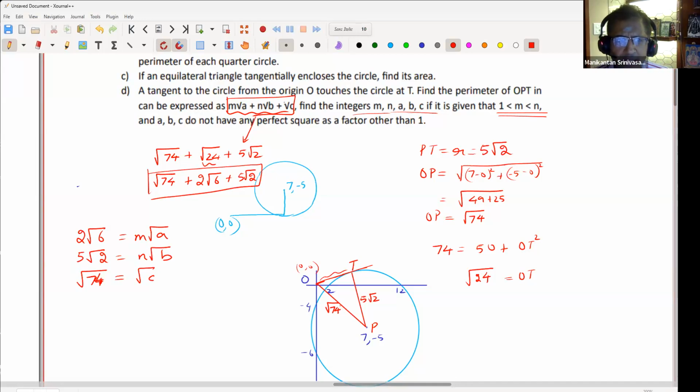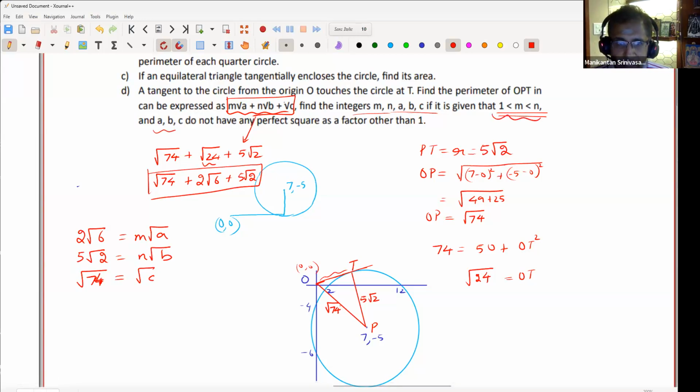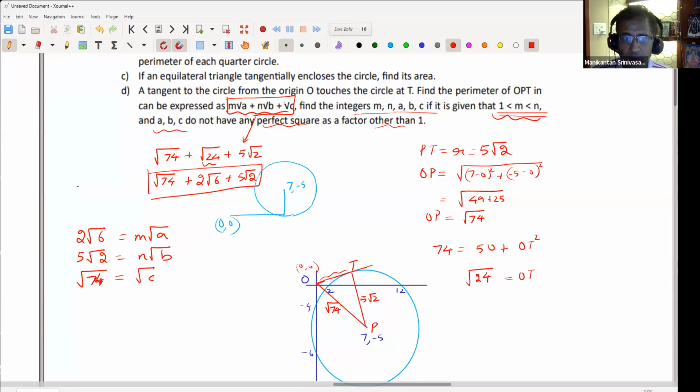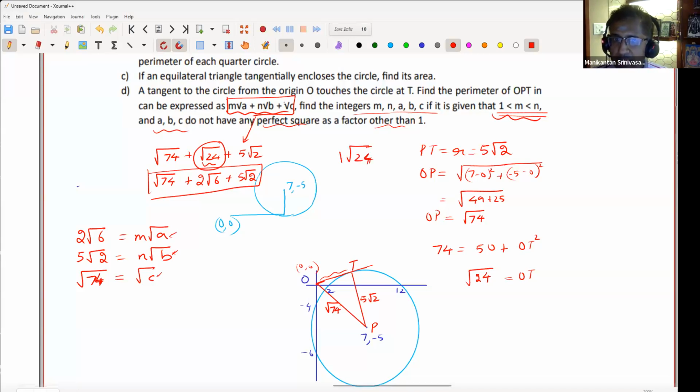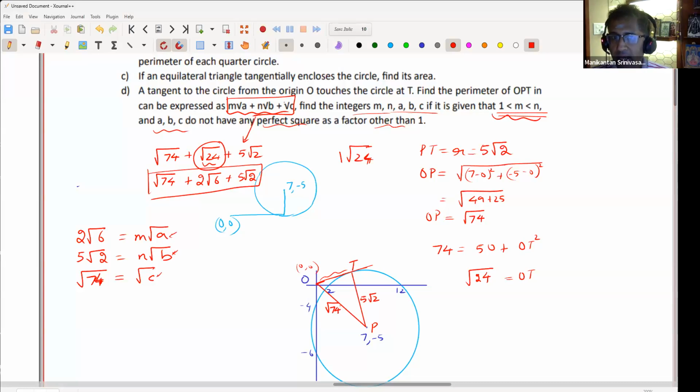Now, what is all this extra stuff here? 1 less than m less than n is fine. And a, b, c do not have any perfect square as a factor other than 1, which means a, b, and c cannot be further simplified outside the root. For example, one could argue that I could have left square root of 24 as 1 times root 24. But 24 has a perfect square as a factor, right?